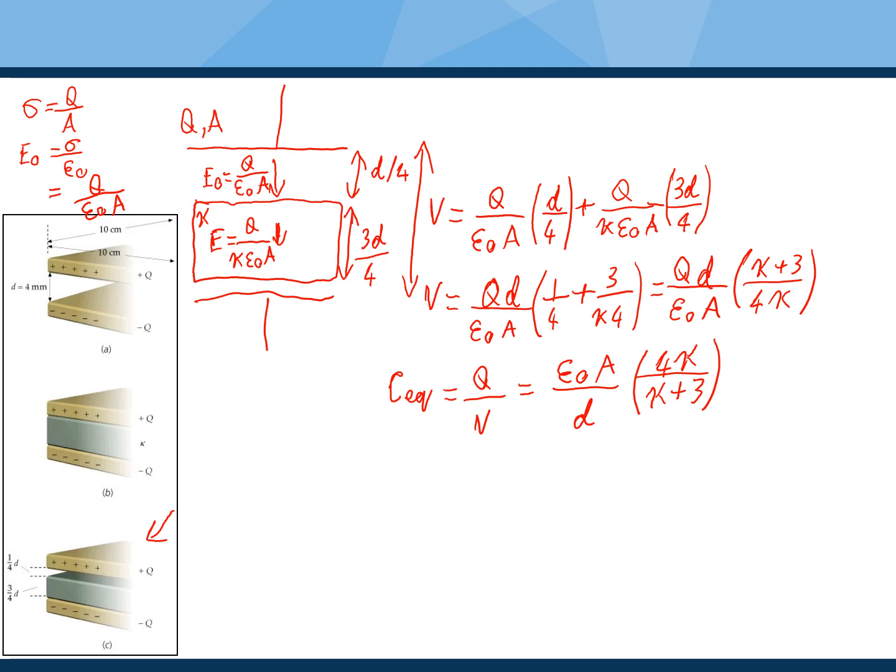So this tells us how to obtain the equivalent capacitance in this lower panel, where the capacitor is only partially filled with the dielectric and the rest of the capacitor is filled with air. So this region is the air region, and this region out here is the dielectric region.